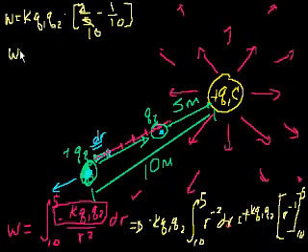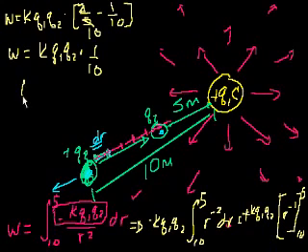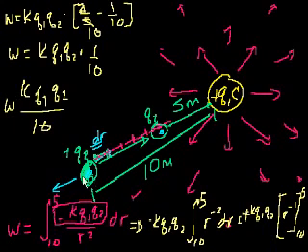So we have the work is equal to k q1 q2 times 2 over 10 minus 1 over 10, which is 1 over 10. So it equals k q1 q2 over 10. That's the work to take the particle from here to here.